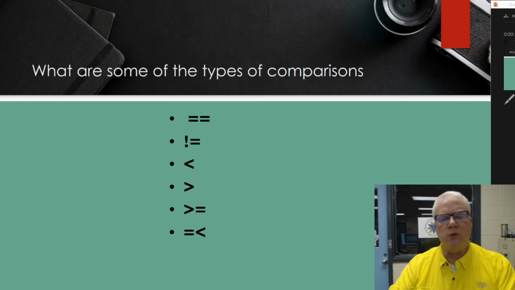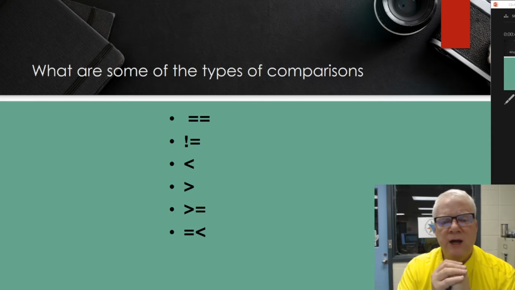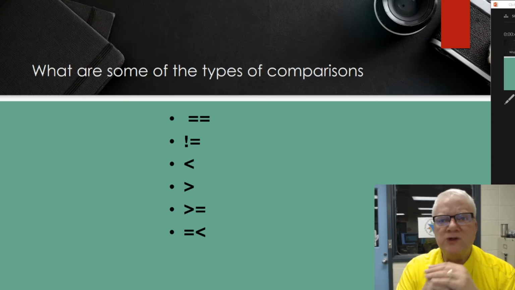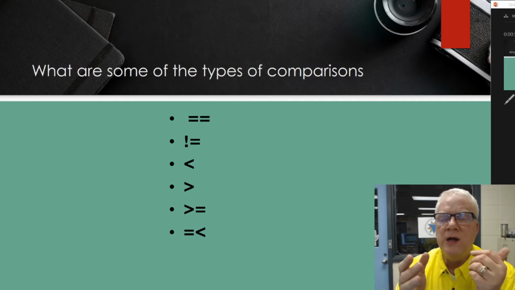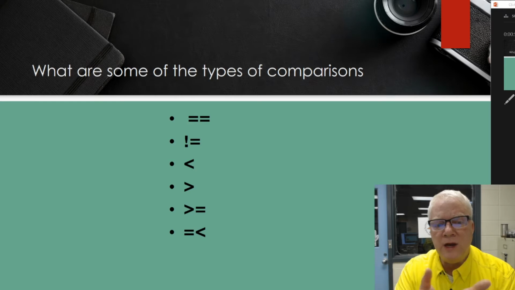In the next one, and we haven't used this one a lot, we have the exclamation mark and the equal sign. And there we're saying, are they not equal? Okay, the top one, equals equals, are they equal? In this one we're saying, are they not equal? So let's say we had an apple and an orange, and we used this operator, and we said, are they not equal?